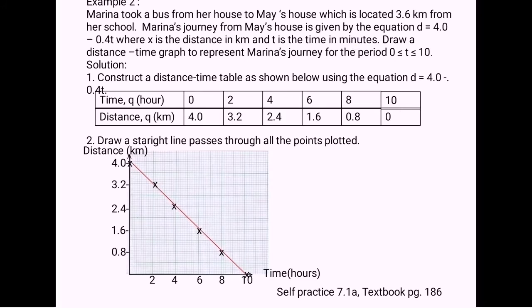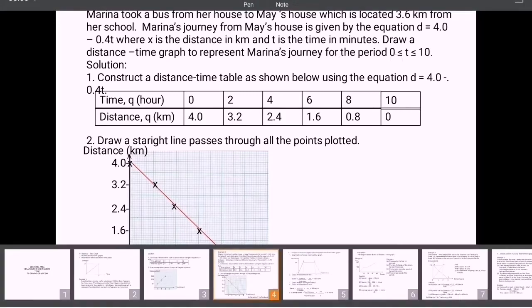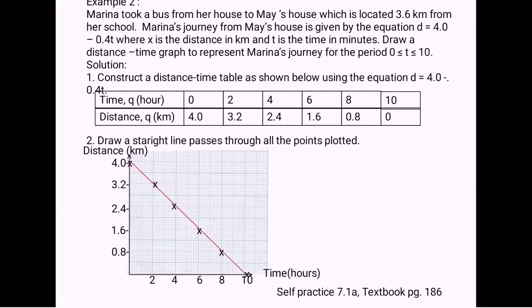Draw a distance time graph to represent Marina's journey for the period 0 until 10. Underline the important information. D equals 4 minus 0.4t, and the range is from 0 to 10.